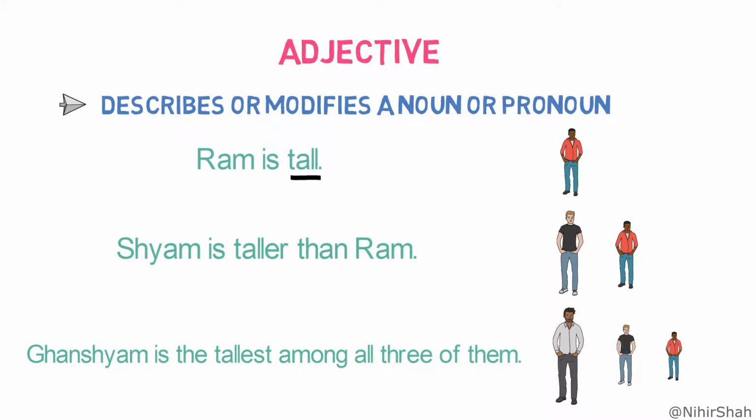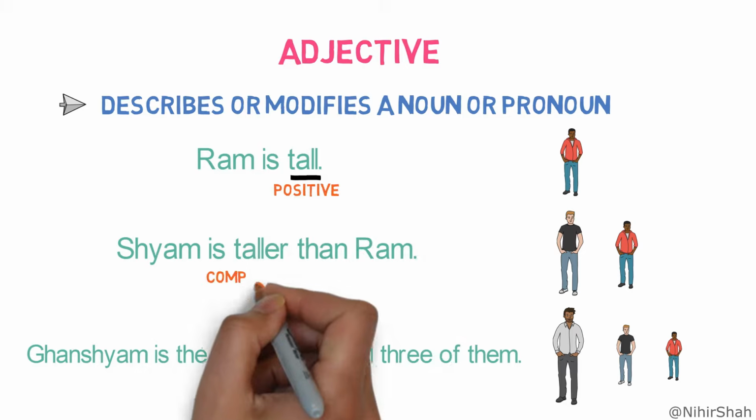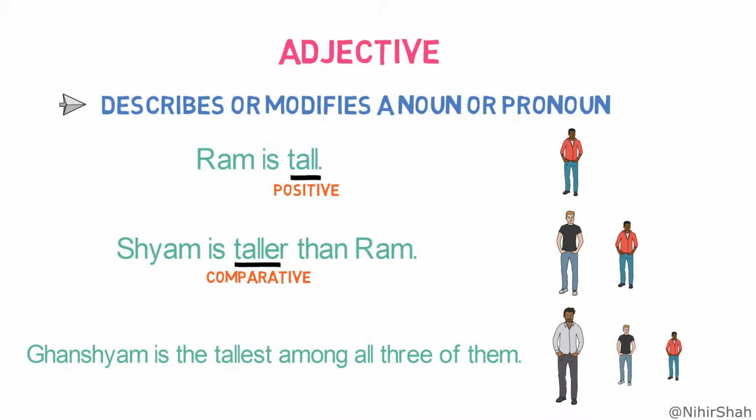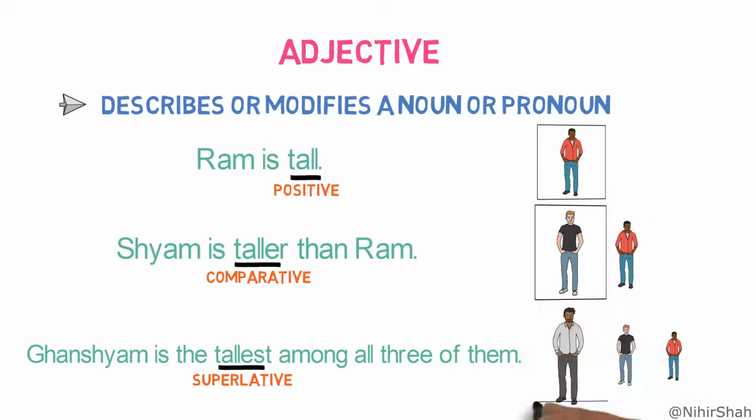In these examples, we used the positive degree adjective tall, the comparative degree adjective taller, and the superlative degree adjective tallest. These degrees of comparison allow us to express the quality of a noun with respect to other nouns.